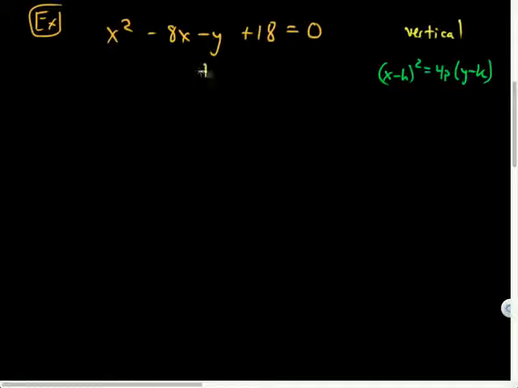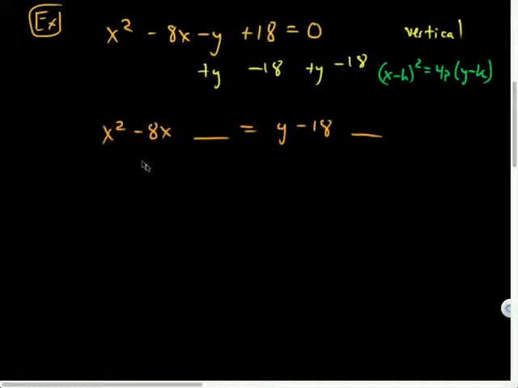In order to do that, I'm going to move the y and the constant to the other side, and I'll have x squared minus 8x blank equals y minus 18 blank. Now, if there was a coefficient in front of this x squared term, I could factor it out first, and I would have to do that prior to completing the square.